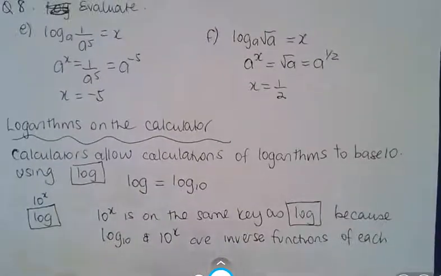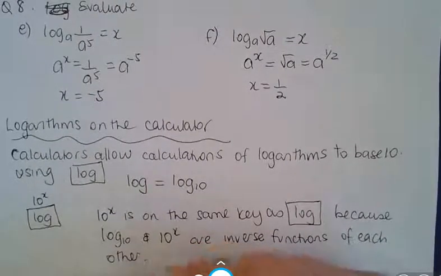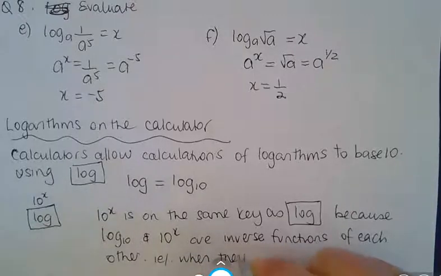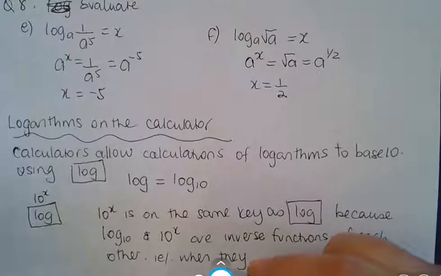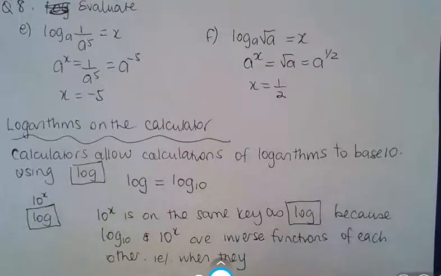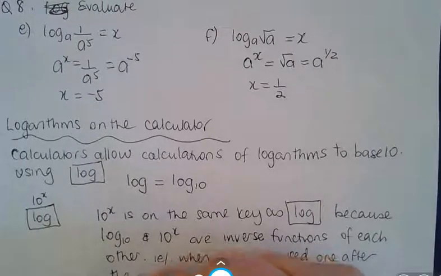What that means is, if you do a log followed by a 10 to the power of x, you will get the original number. So when they are used one after the other, the original number will return.